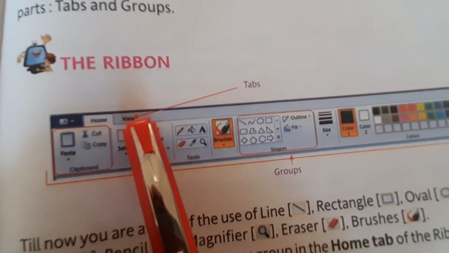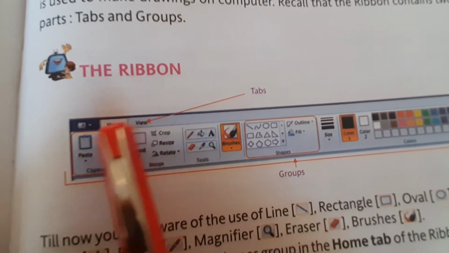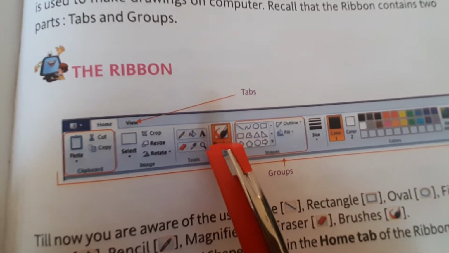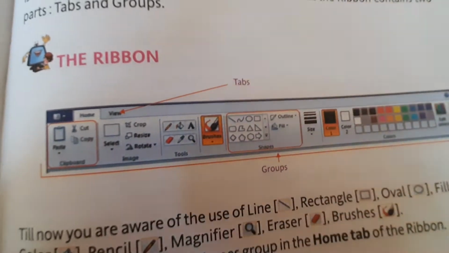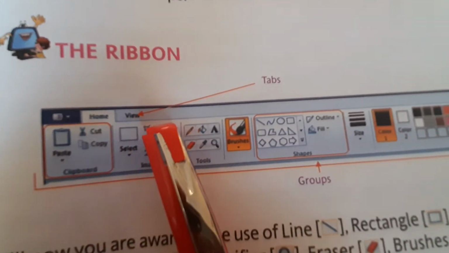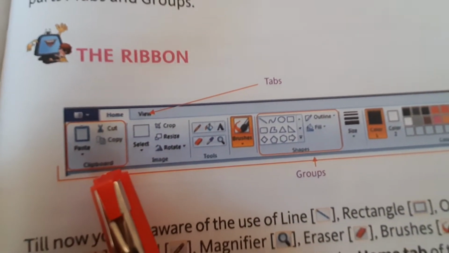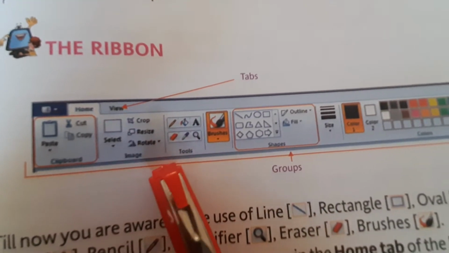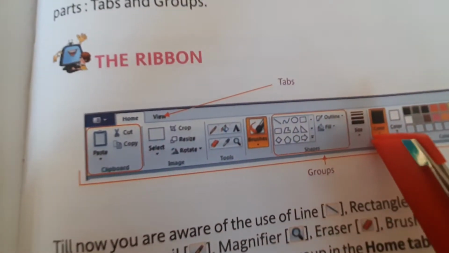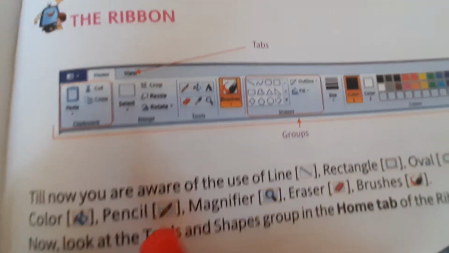In a particular tab, like in this case the Home tab, some commands are grouped together as per their functionality or purpose. Home is a tab, then View is a tab, and here we can see Clipboard is a group, then Image, Tools and Shapes are groups. Like that, there are various groups.